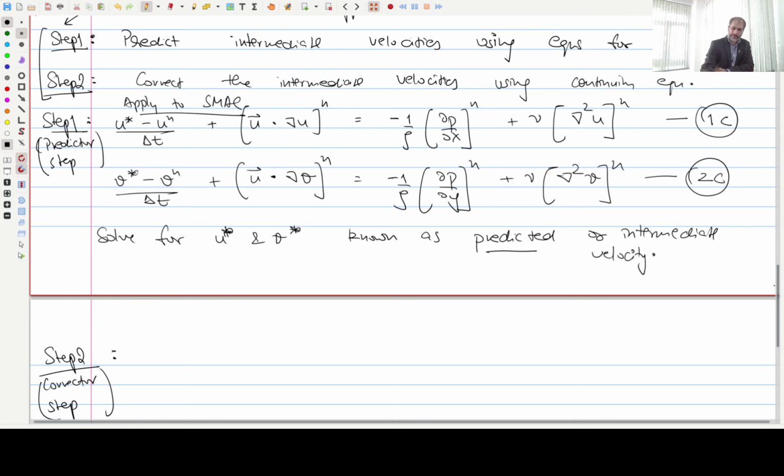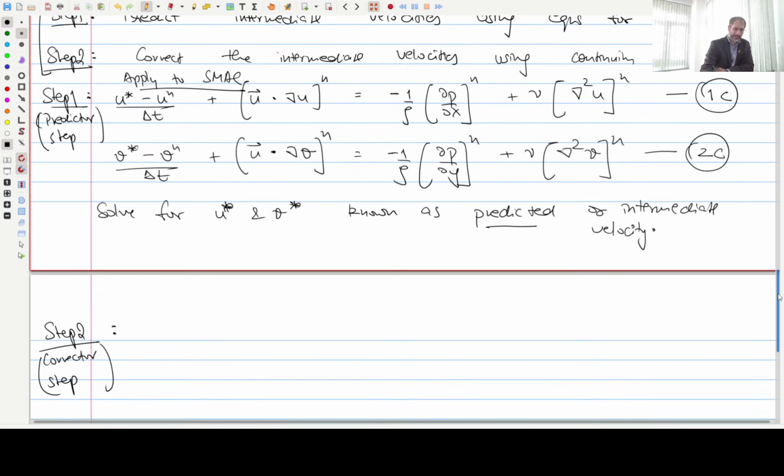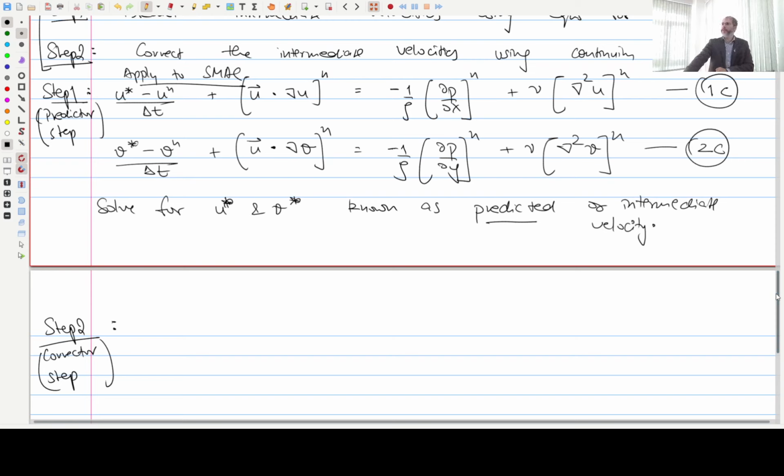Equations 1C and 2C are very easy to solve. They don't take much computational time as well. It's step number 2 that is going to be a major work in this algorithm, in terms of proposing the algorithm as well as in terms of computational time.